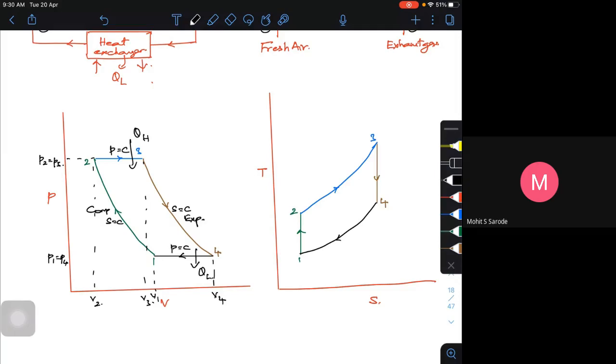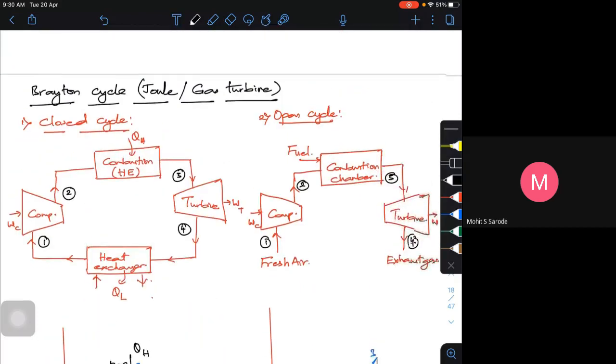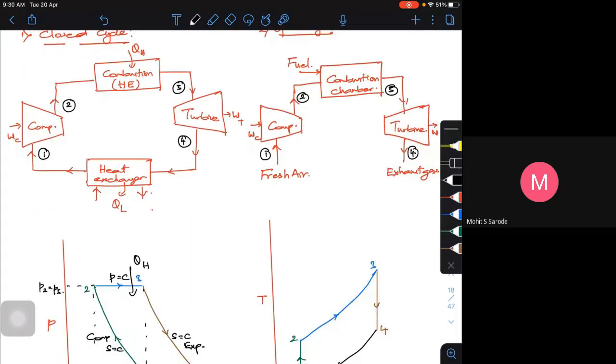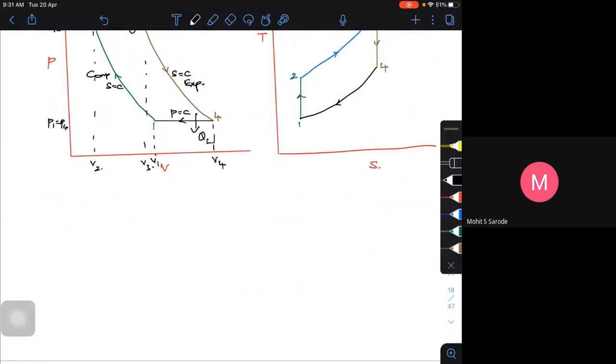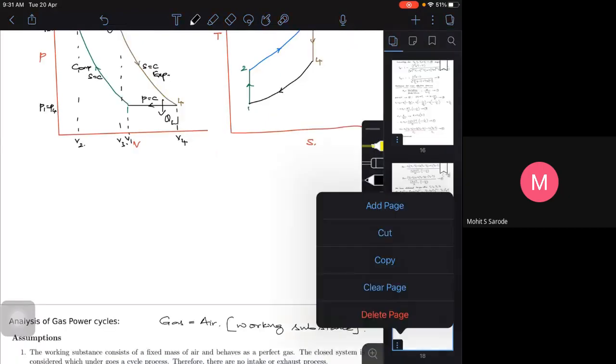So now that you have understood the working of this Brayton cycle, we'll try to obtain the mathematical expressions for it. Okay, expression for thermal efficiency.